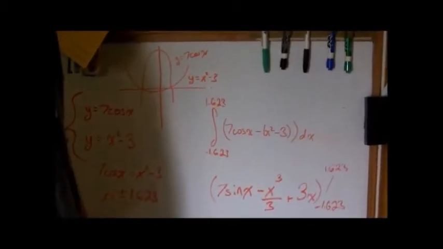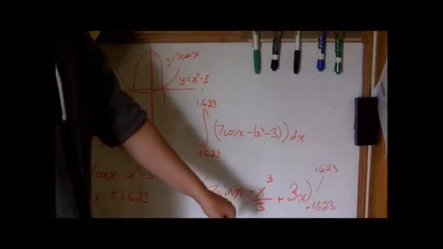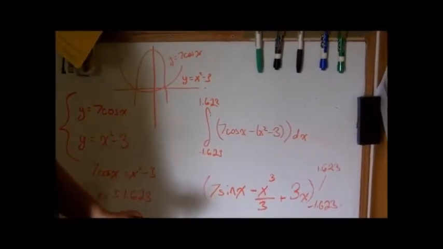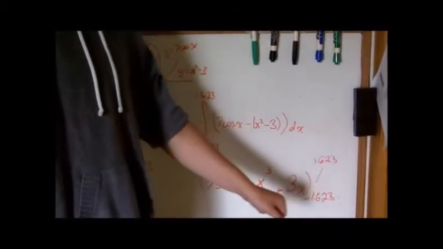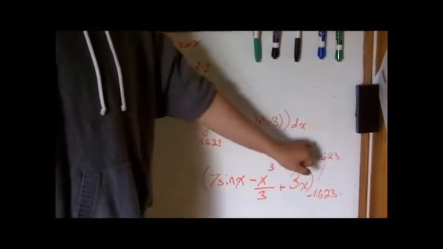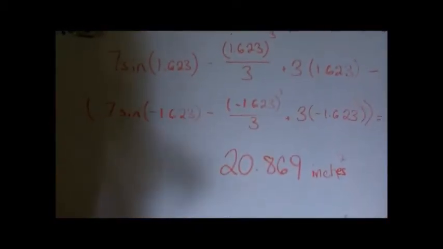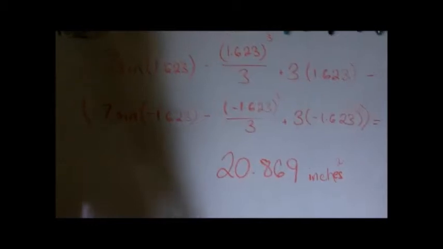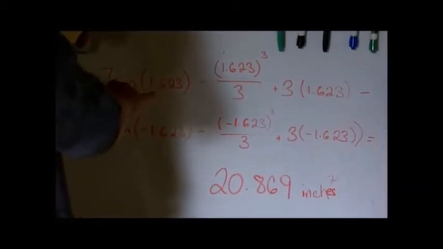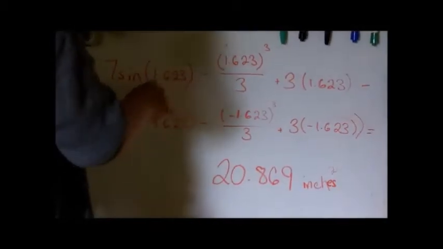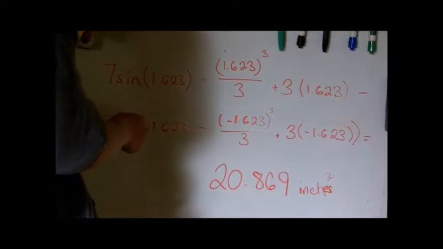The integration of this becomes 7 sine x minus x cubed over 3 plus 3x. Then we have our two limits here, and using the second fundamental theorem of calculus, we plug in the two limits, so 1.623 into the equation, and then subtract from that the whole equation, this time plugging in negative 1.623.